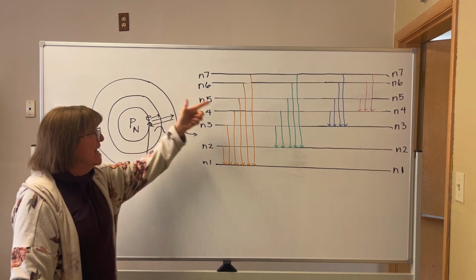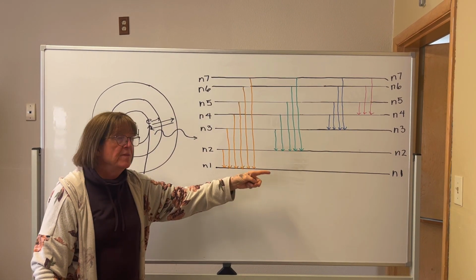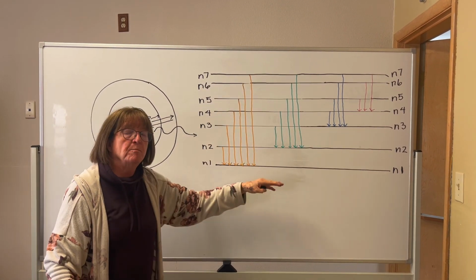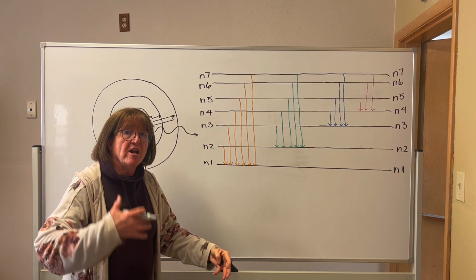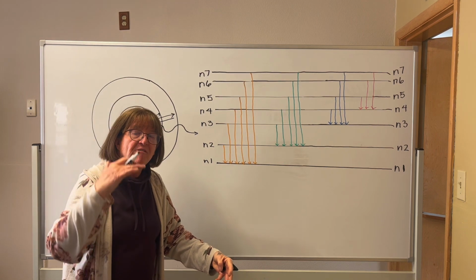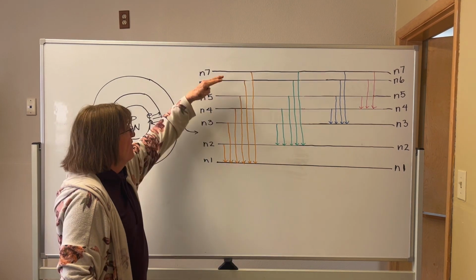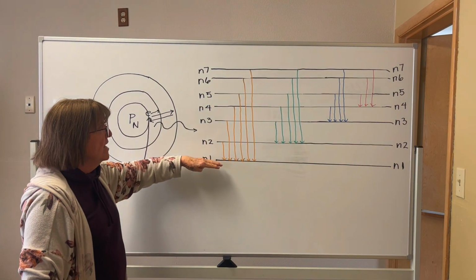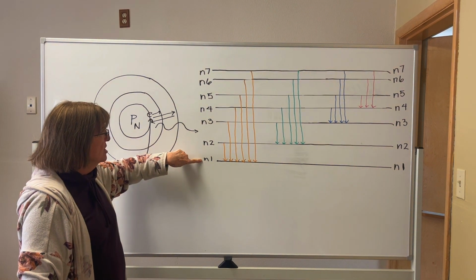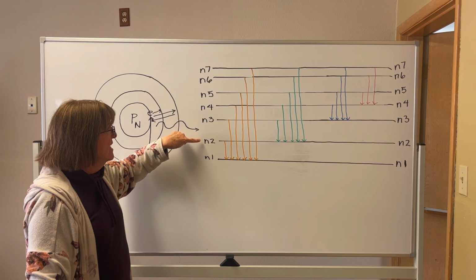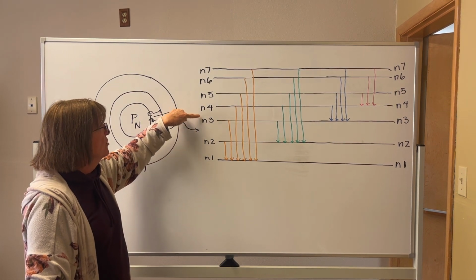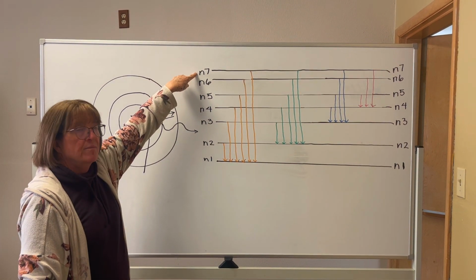And he then took the hydrogen atom and looked at what spectral lines we're going to achieve based on where the electron fell to. Did it fall back to these different energy levels? So the first level closest to the nucleus is N1, and then it goes forward N2, N3, up to N7.